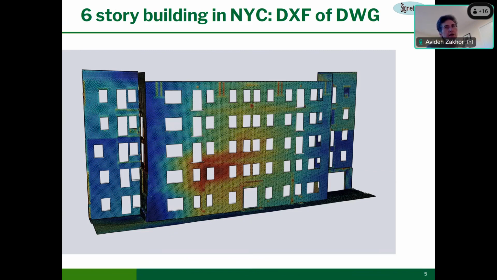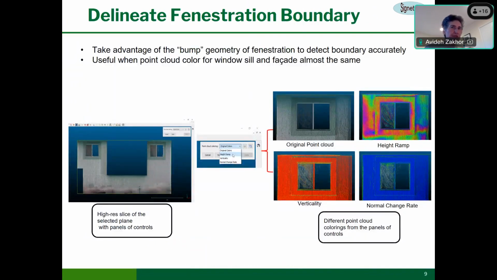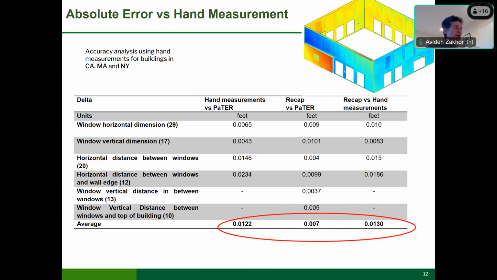I feel a bit like a broken record, but I repeat what I've been saying for the last 2 years, which is I think what we have to do is build trust by continuing to model buildings and continuing to do hand measurements. Even though I showed you a comparison with hand measurements for just one building, this one in Syracuse, we've actually done it multiple times.